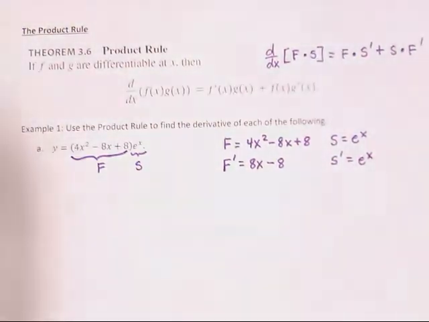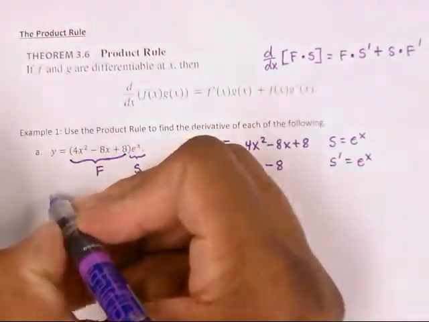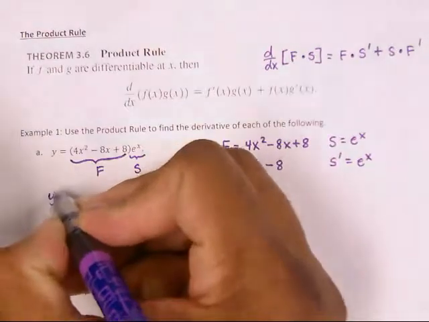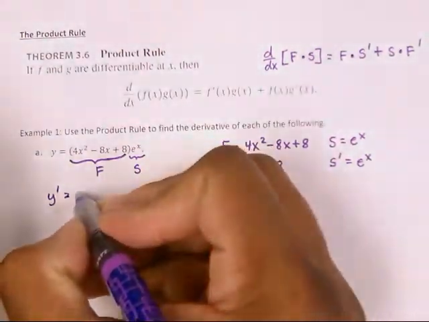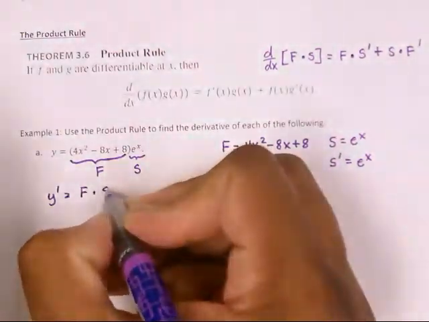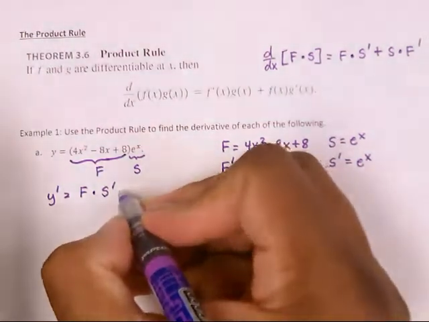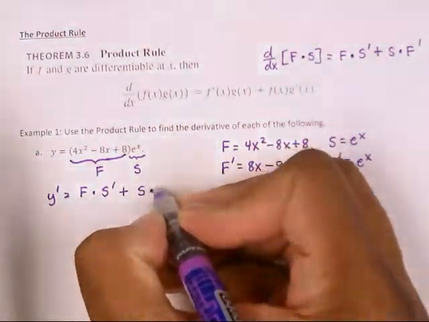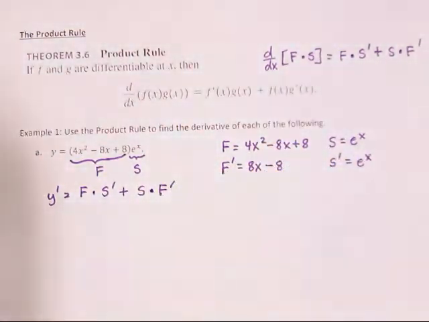And then I go ahead and apply that product rule where, in this case here, I'll say y prime is going to be the first times the derivative of the second plus the second times the derivative of the first.